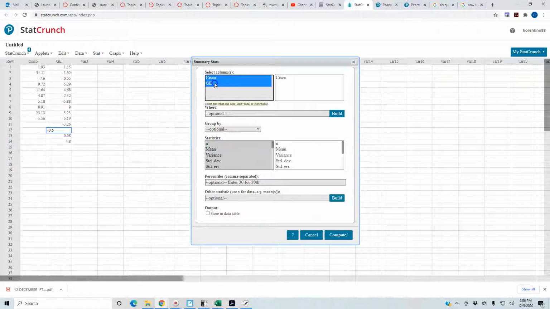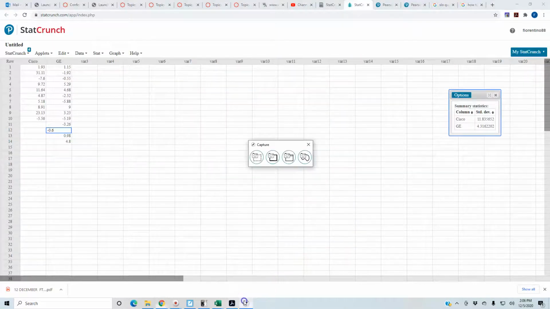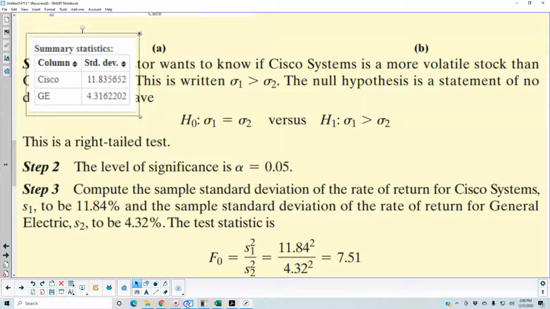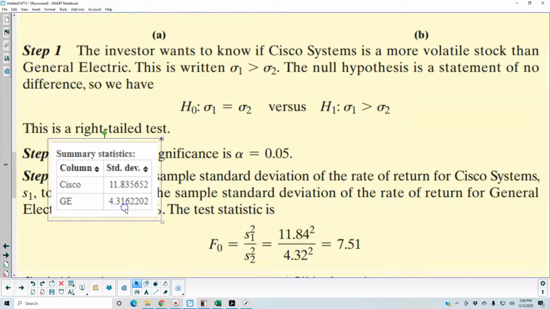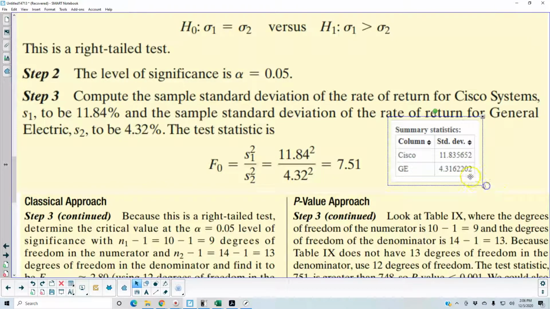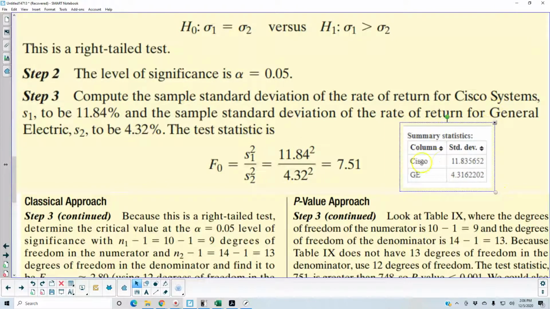Let's do both, and we want our standard deviation. Okay, so if you take a look here, our standard deviation for Cisco is 11.84%, and the standard deviation for General Electric is 4.32%.